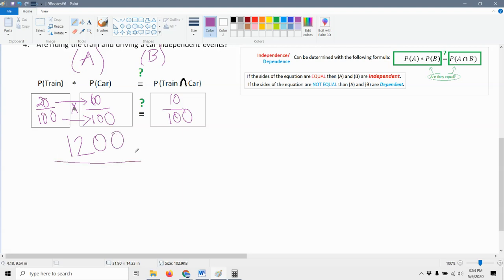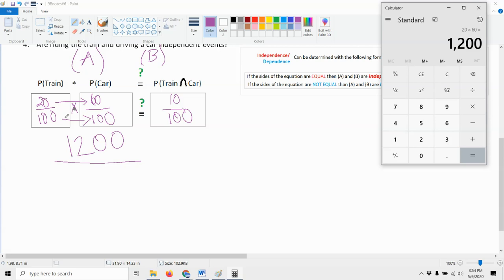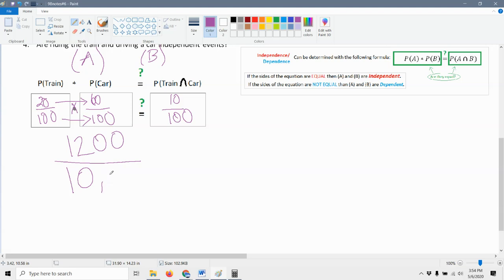Now we're going to take the bottom numbers and multiply them. 100 times 100. And anything times itself is just that number squared. And you'll see that gives us 10,000. And then we're asking that question, does it equal 10 over 100?